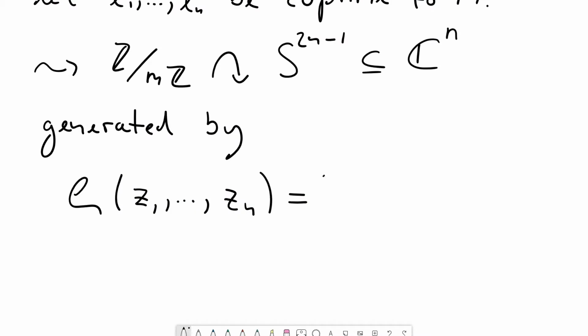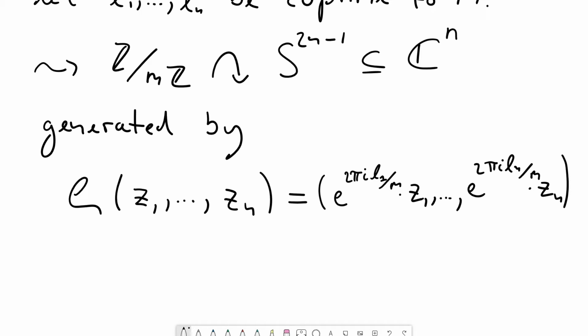So I multiply this one by e to the 2 pi i L1 over m. I want to rotate by this fraction of the full circle, the L1 over m fraction. And this we go through until Ln over m times Zn.